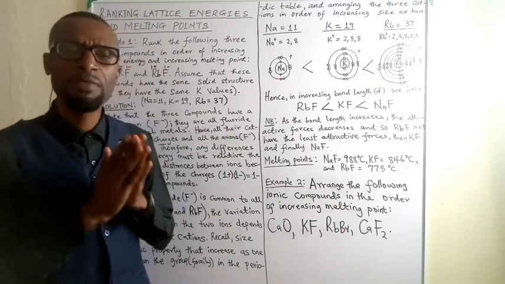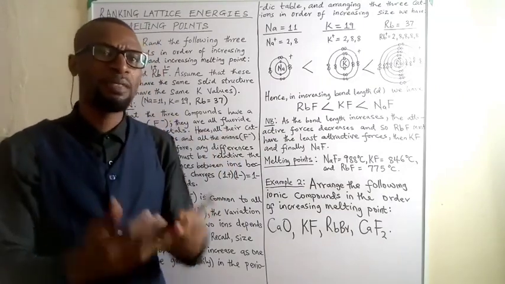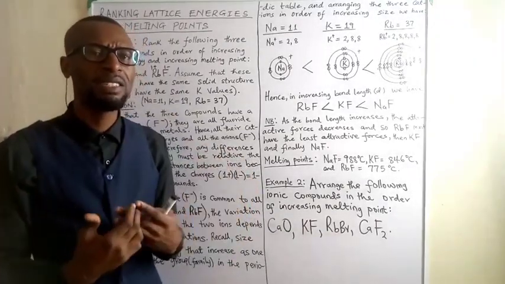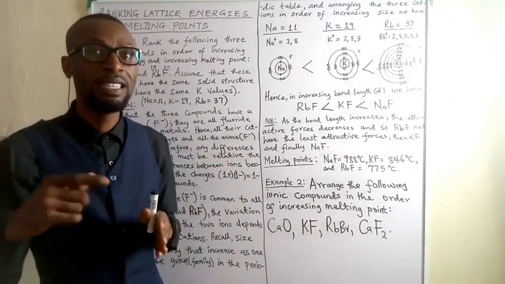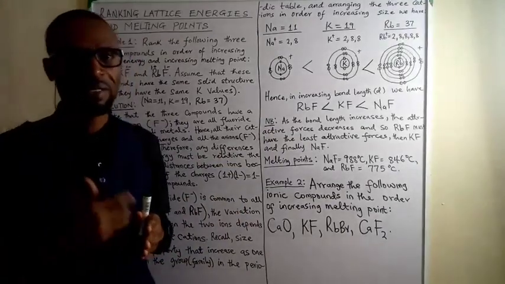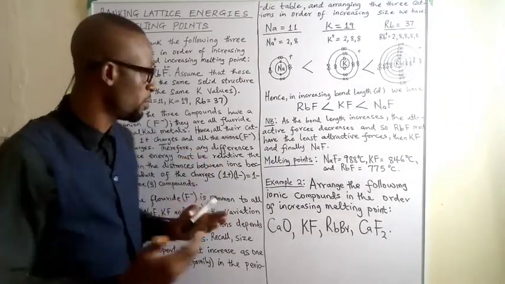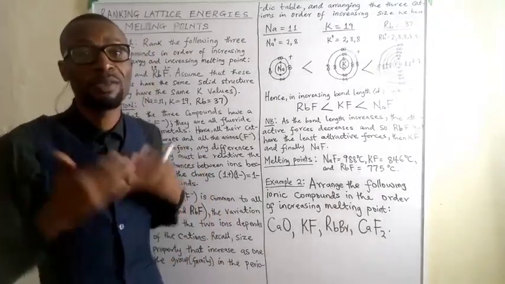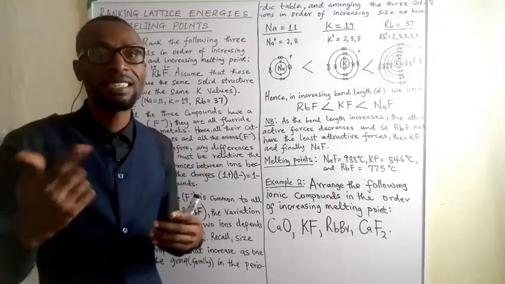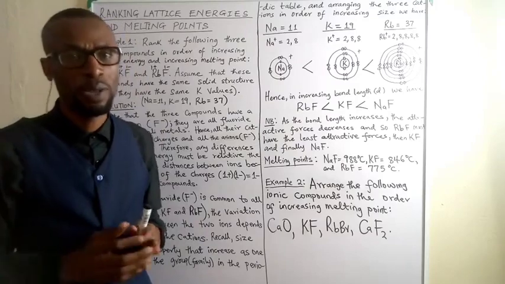You also understand from the last lecture that lattice energy depends on increasing charges: as the product of the charges of the two interacting ions continues to increase, the lattice energy increases vis-a-vis the melting point.